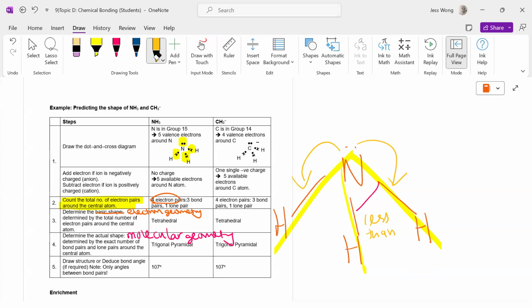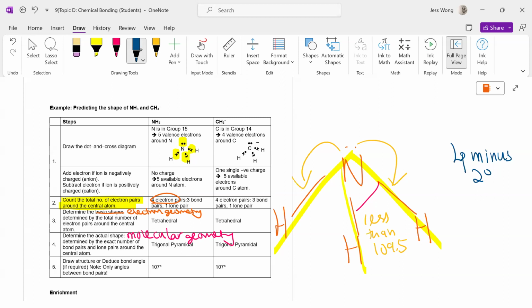But we are not allowed to write less than 109.5. So in exam, if they ask for angle, you have to give a number. You have to give a number. And that number, general guide, is that for every lone pair, you just minus about 2 degrees to 2.5 degrees.